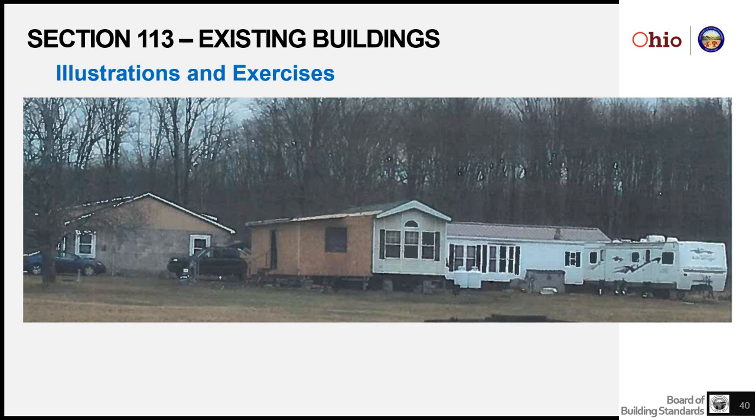So we're going to move to some illustrations. I'm going to talk about some things briefly. This was just an example that I had a jurisdiction send me. He was mainly asking about the building right in front there, which we believe happens to be a park trailer that they were putting this addition onto, and wanted to know what regulatory authority he had.